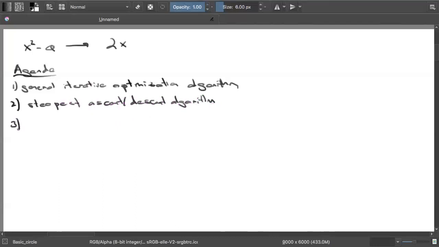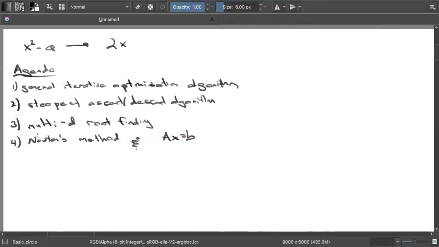And then we'll talk about multidimensional root finding. And then we might have time for one more thing, but I'm not sure that we will. If we do, we'll talk about Newton's method, or we'll talk about AX = B. We'll decide what we're in the mood for at the end of class.